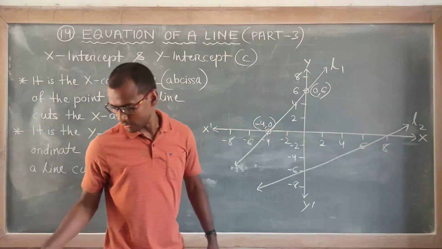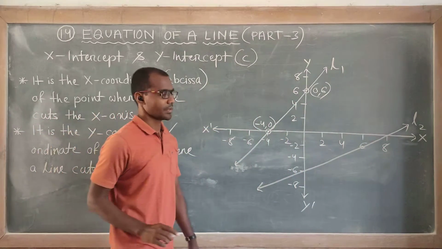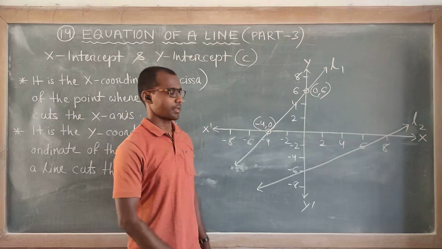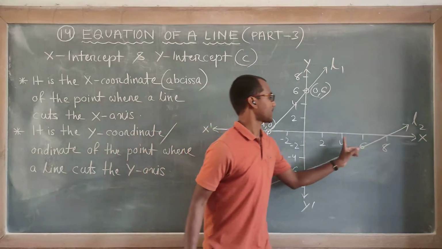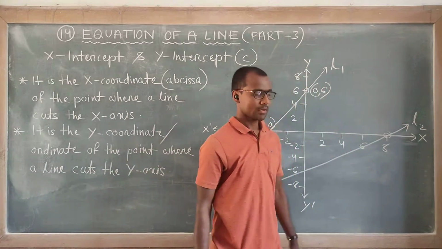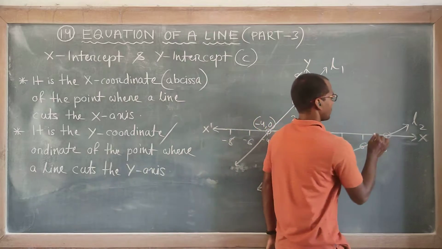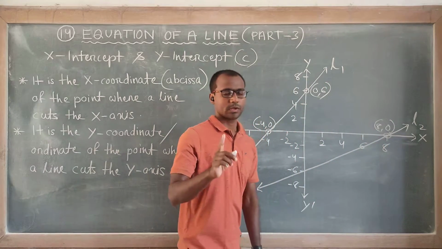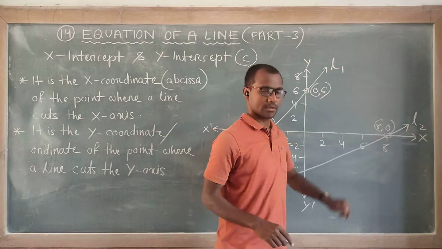This is another line L2. Now let us find its x-intercept and y-intercept. The line is intersecting the x-axis at this point. Its coordinates are 8, 0. So its x-intercept is 8.